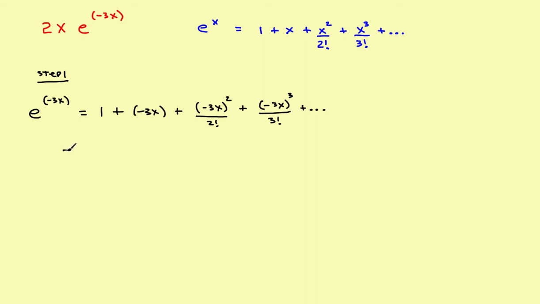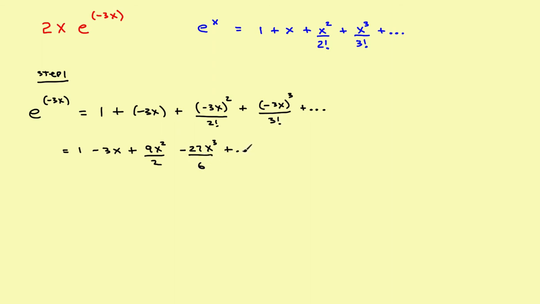So this would be 1. Here's minus 3x. And then square both of these. So this will be plus 9x squared, and 2 factorial is 2. Then if you take the negative 3 and cube it, you'd have a negative 27x cubed over 3 factorial, which is 6.